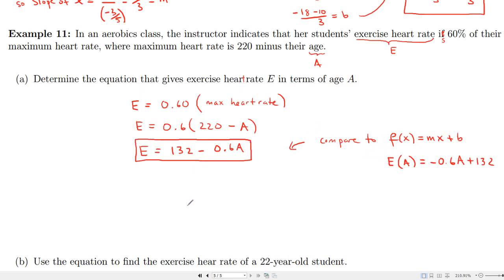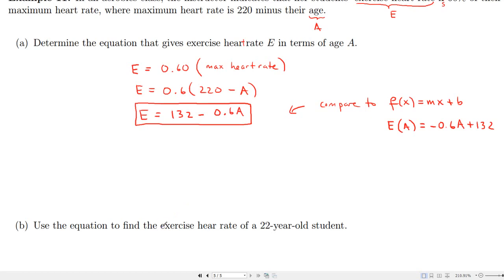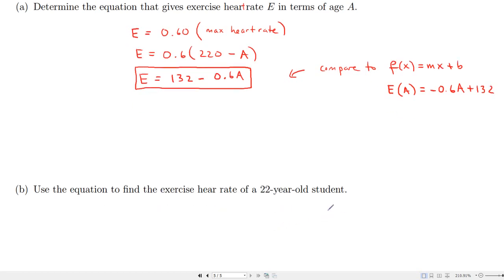Okay, and then use the equation to find the exercise heart rate of a 22-year-old student. So how do we do that? Well, 22 years old is the A value, right? So this is A, and all we have to do is just substitute that in. So E, substituting in for 22, we're just going to replace A with 22, and that's pretty much it. So 132 minus 0.6 times 22.